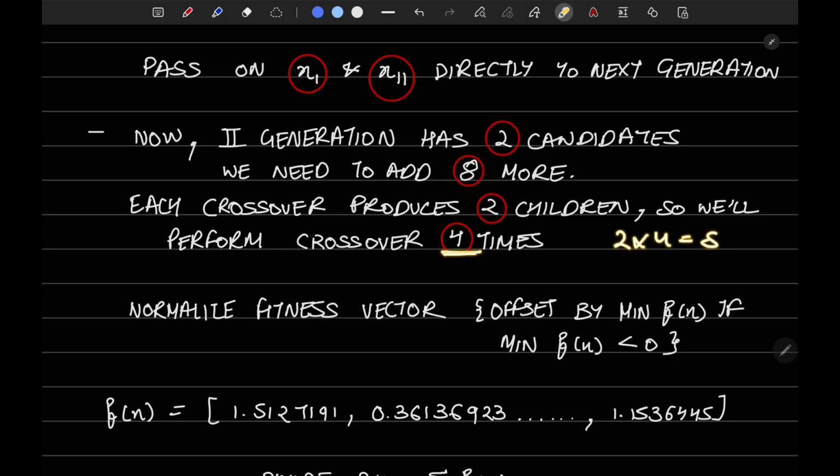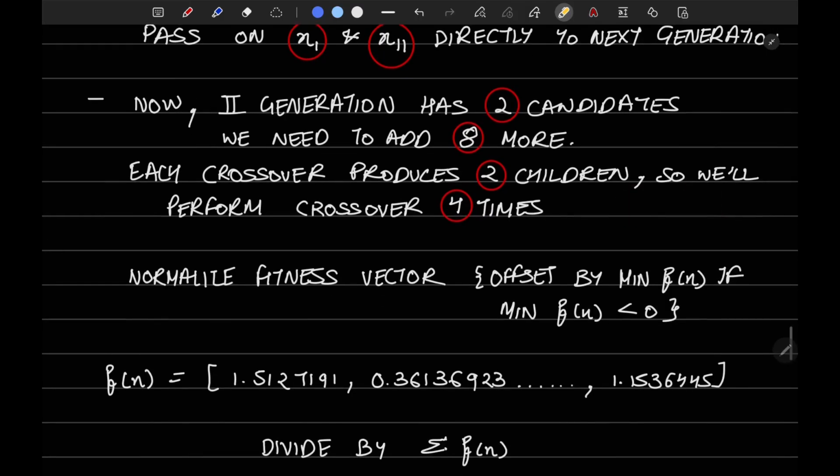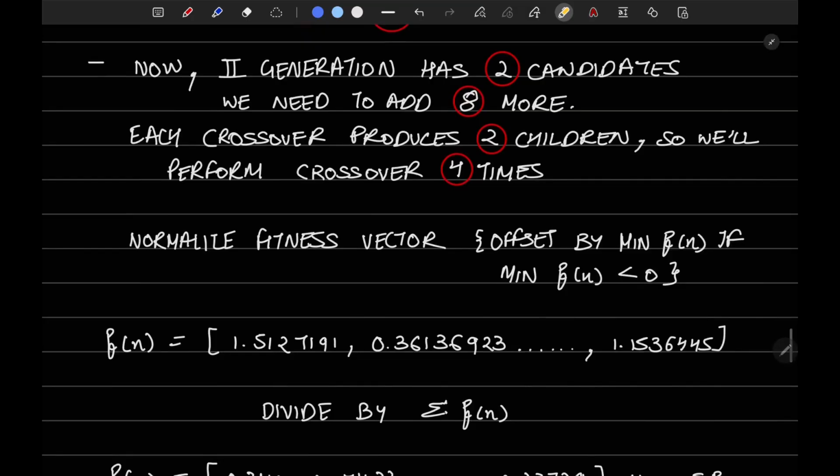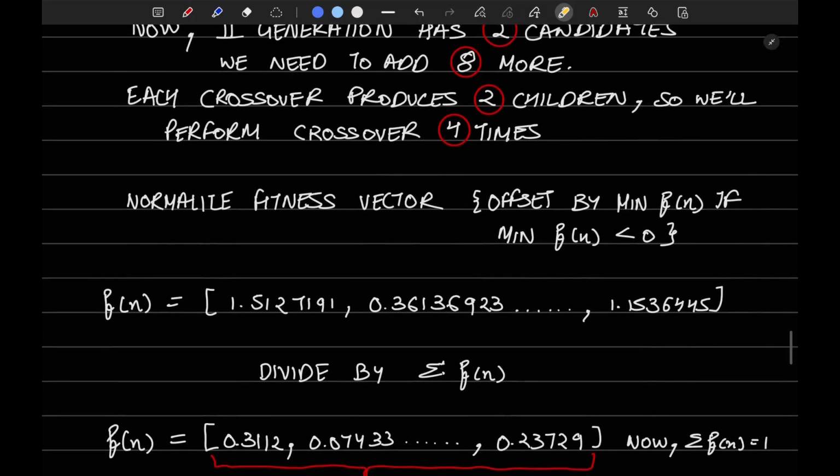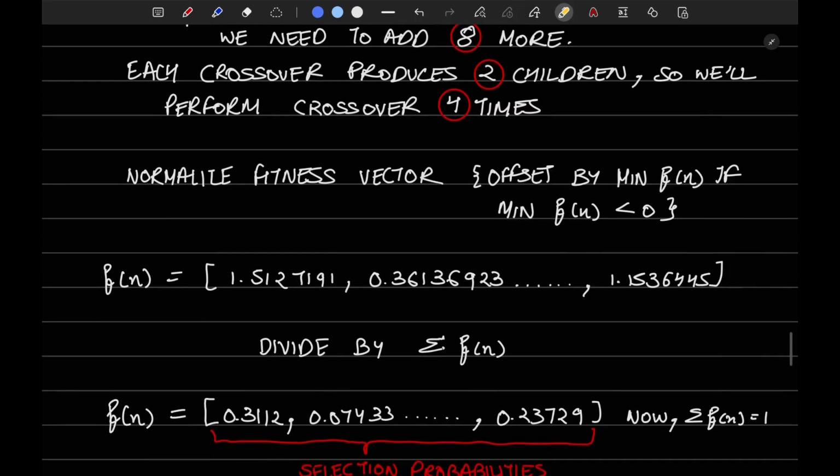Now before selecting the parents for crossover, we need to normalize the fitness values. Because a fitness function might produce negative numbers, we need to first shift the entire fitness vector by subtracting the minimum value, only if it's less than 0.